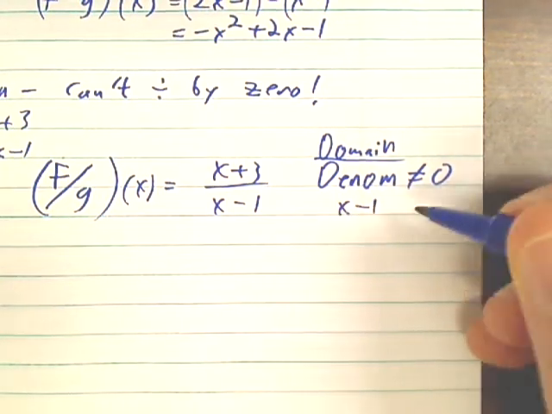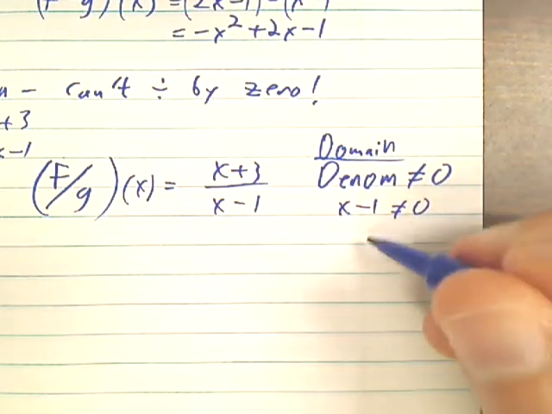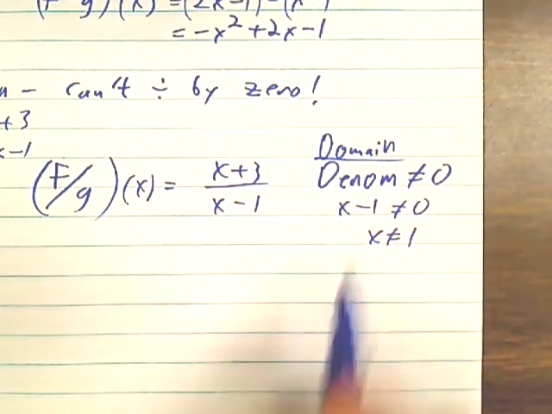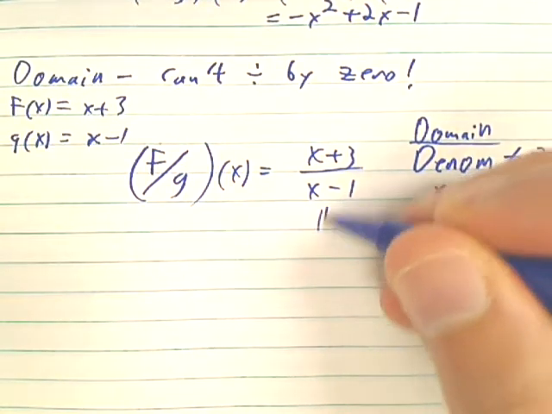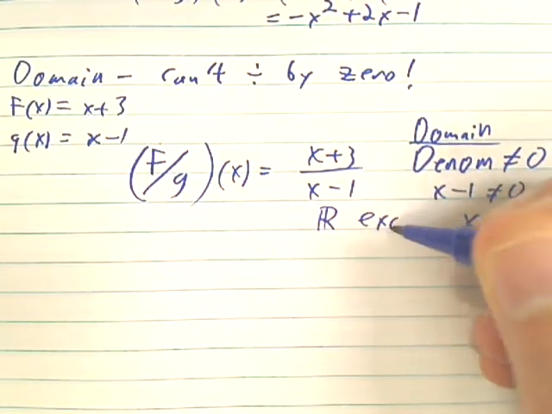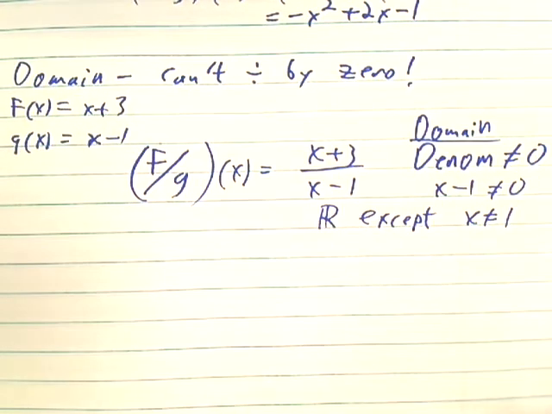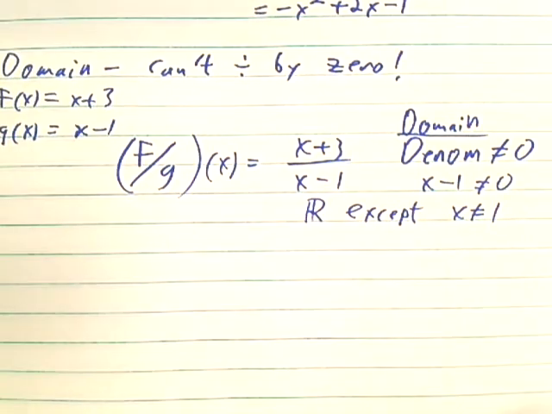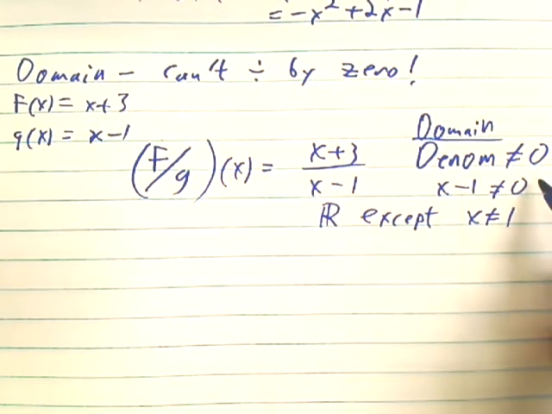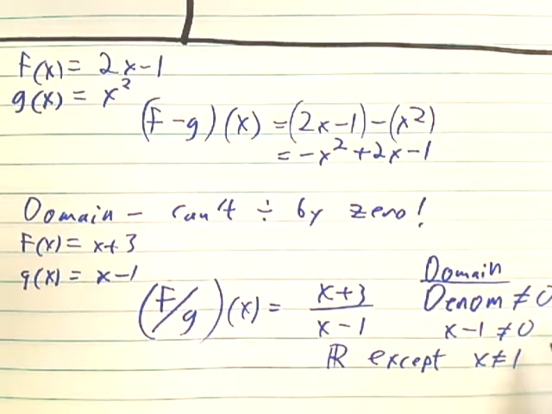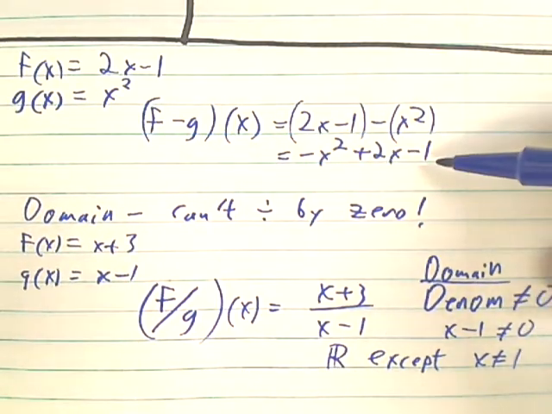Well, that's x minus 1, so x can't be 1. So the domain of this function is all numbers except x can't be 1. If it's division problems, I say the denominator can't be 0. If it asks for the domain of just a polynomial with no division, just say it's all real numbers.